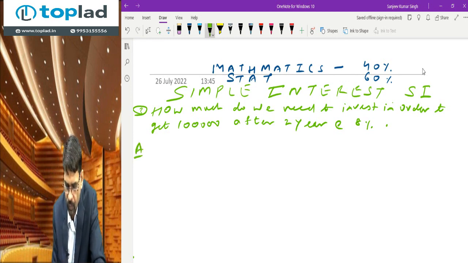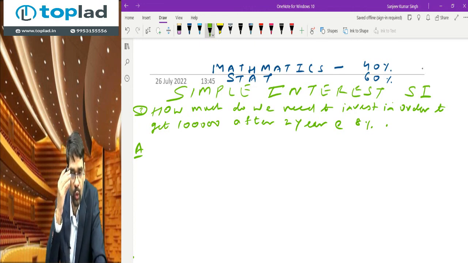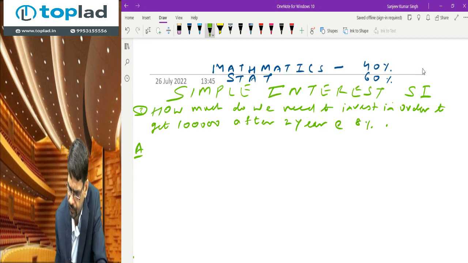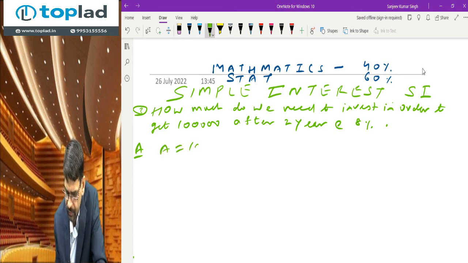Answer. First of all, read the question at least 2 times. How much do we need to invest in order to get 1 lakh rupees after 2 years at the rate of 8%? So amount is given.